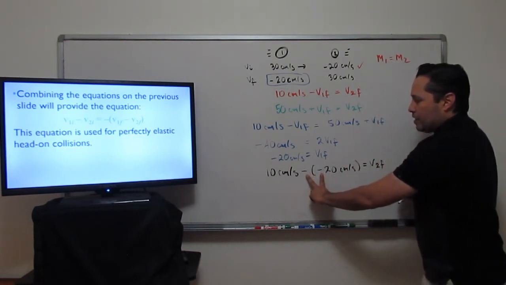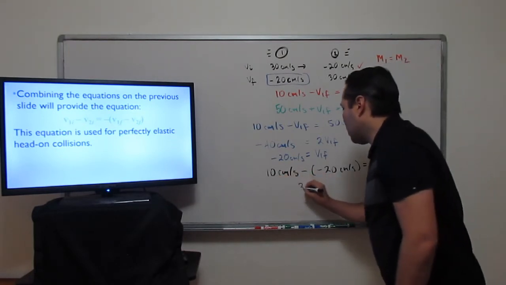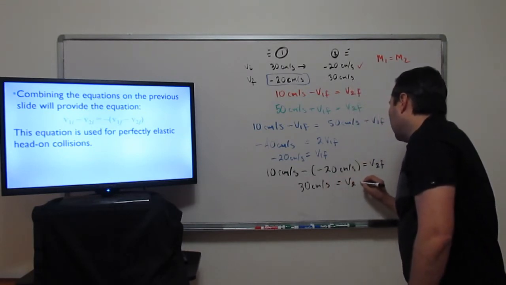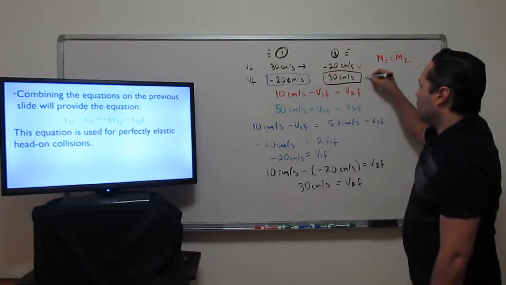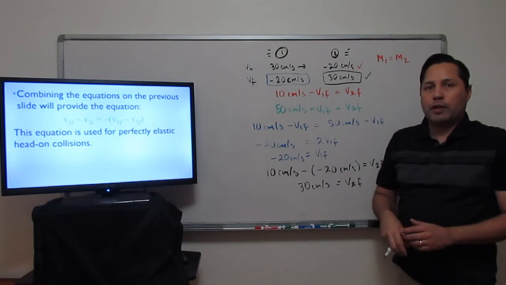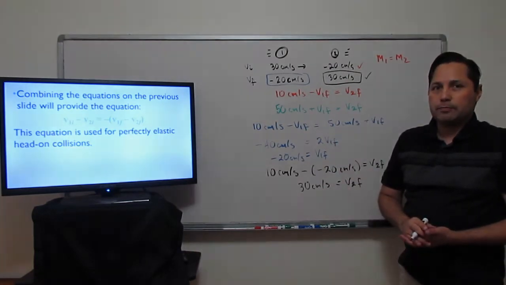Negative times a negative is a positive, so it's really 10 plus 20. That gives me 30 centimeters per second. So that is the velocity of V2 final, which we already knew since we began the problem. But there's the math for how you go about solving it and showing your work. That takes care of example 6.